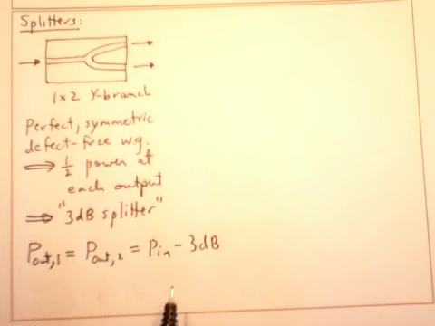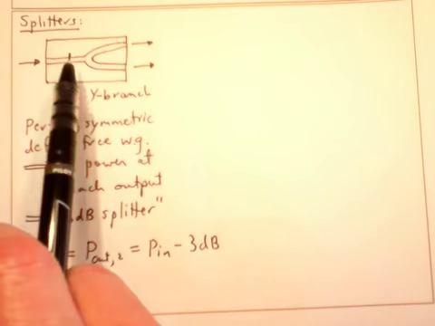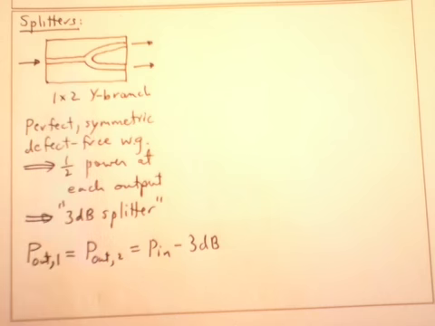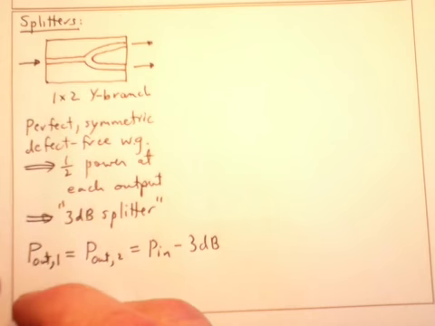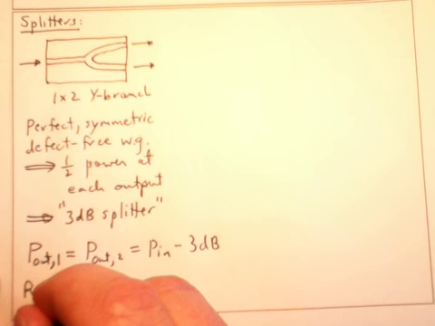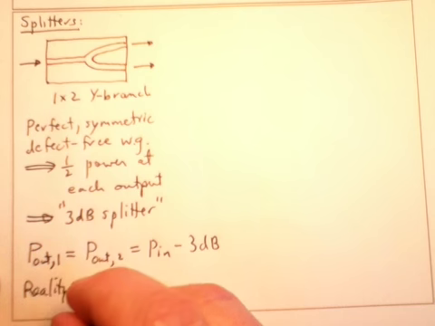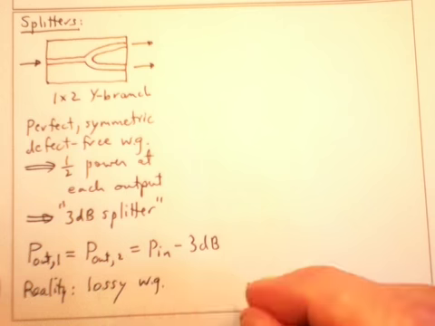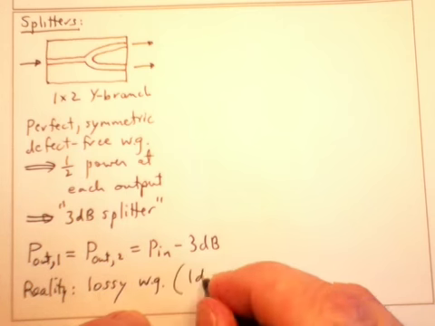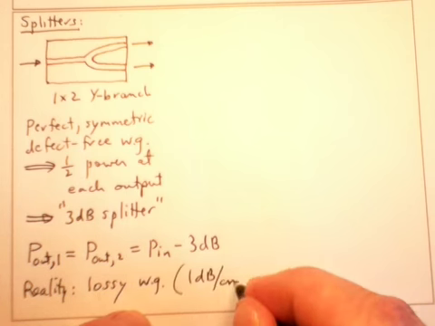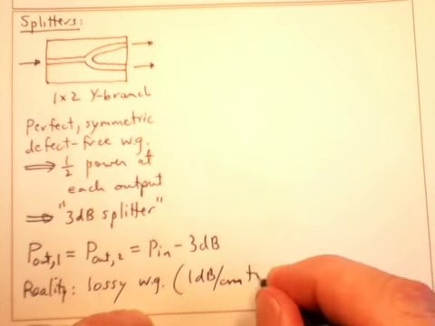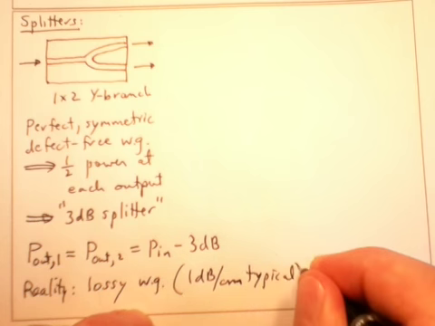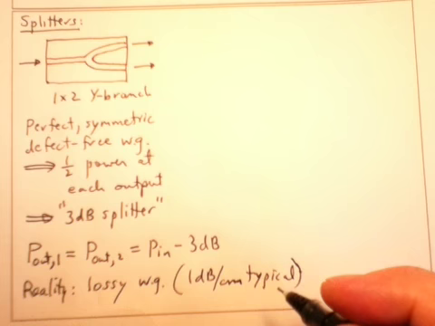This is not what we get in reality. In reality, we have defects in our waveguides. We have lossy waveguides, 1 dB per centimeter typically. Okay, so 1 dB per centimeter is a typical value.